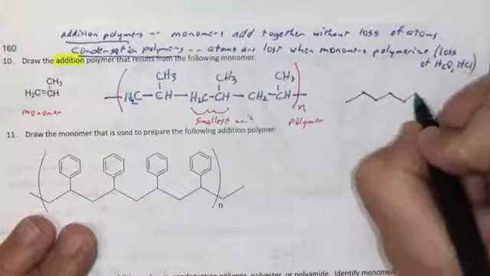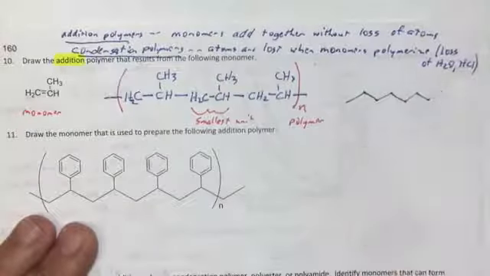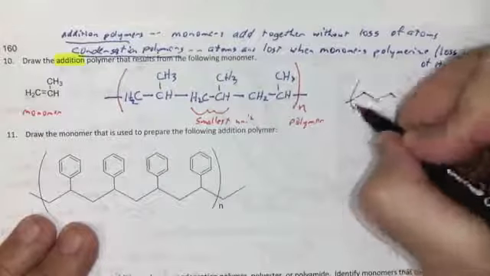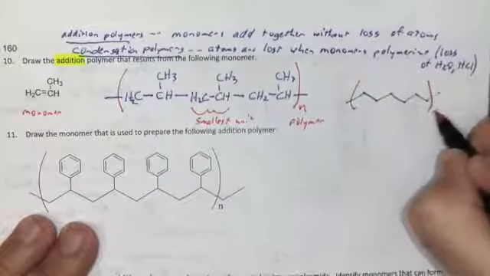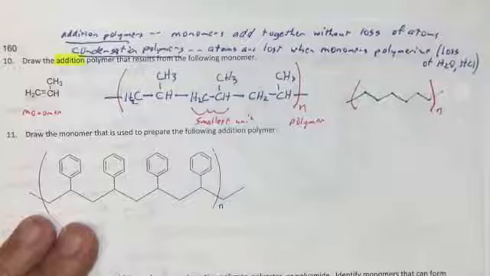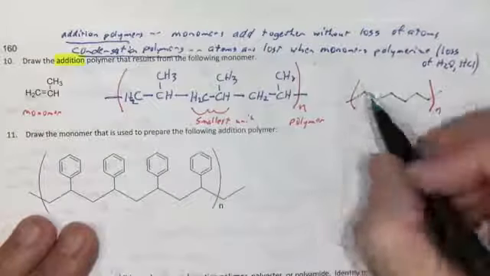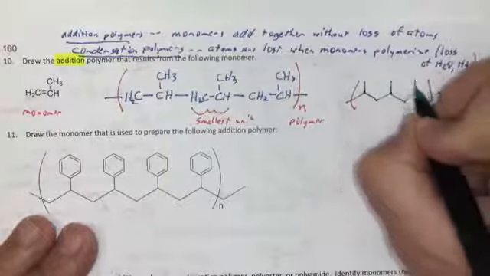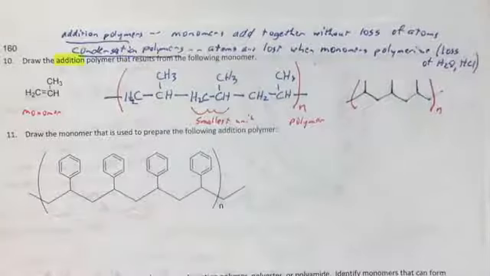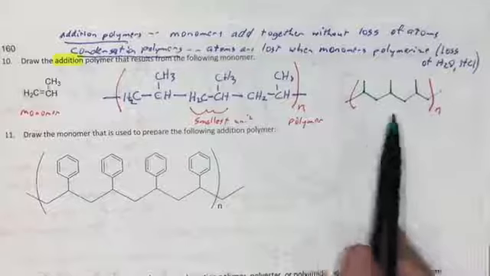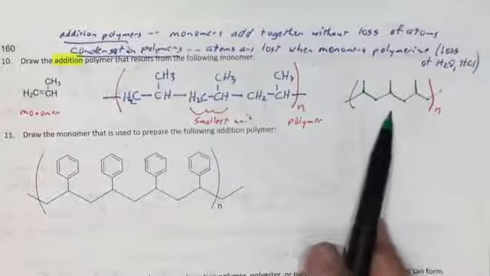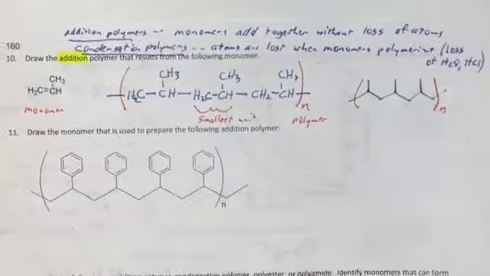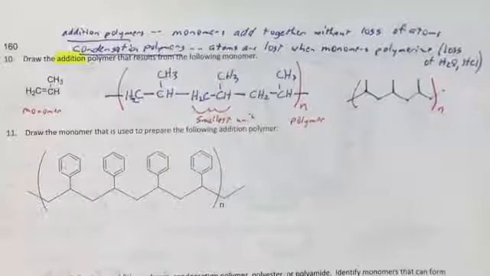2, 4, 6, 8, etc. I'm going to put another parentheses around here with n, so that repeats over and over. And every other carbon has a CH3 group attached, which I can just draw as those lines. So this is what this looks like when we draw a line drawing. Let's look at the next molecule.